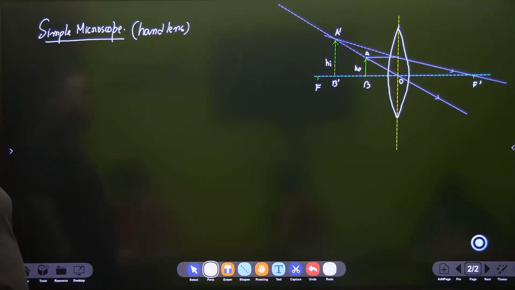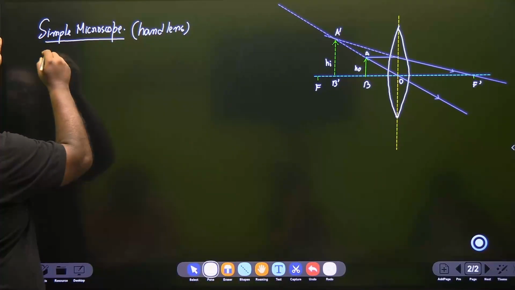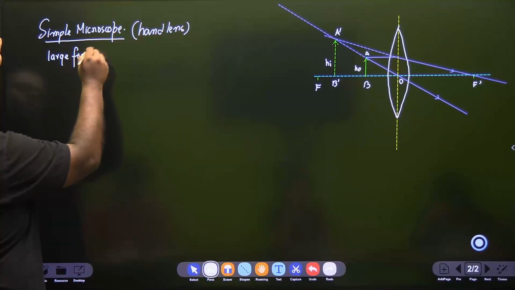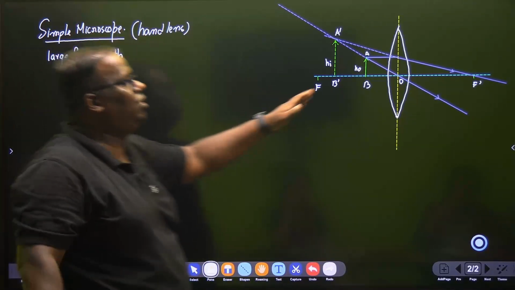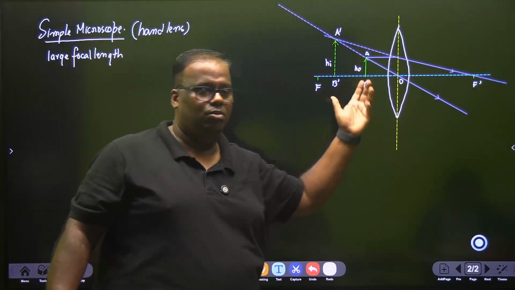Clear? The ray diagram is clear. So the hand lens will have a large focal length. Why do you have a large focal length? So that by default, when you project it on an object, the object gets its position between the optical center and focus.